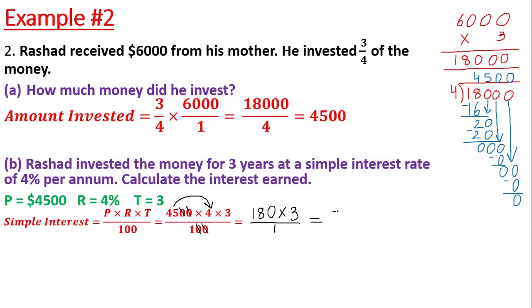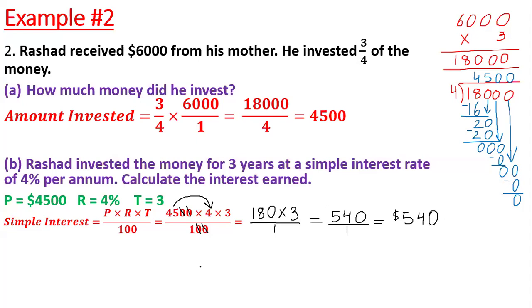Very good. So the answer is 540 over 1, which is what? 540. Very good.